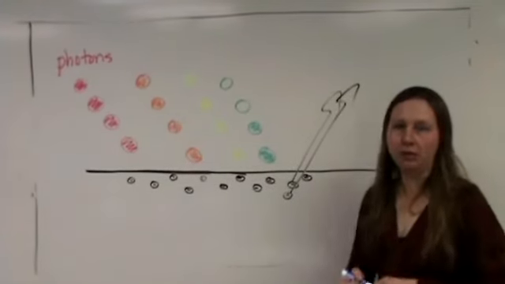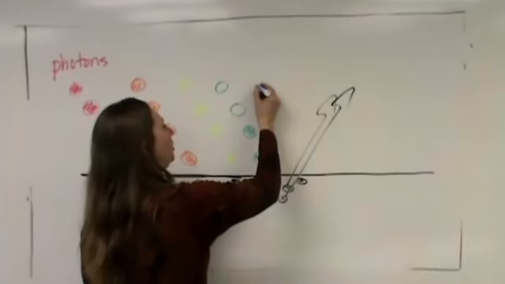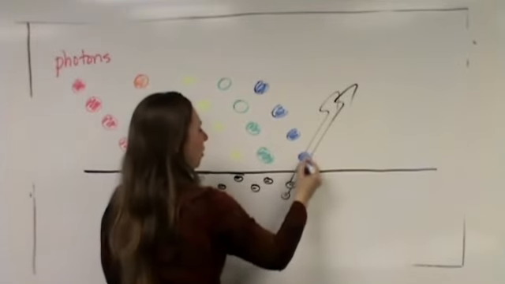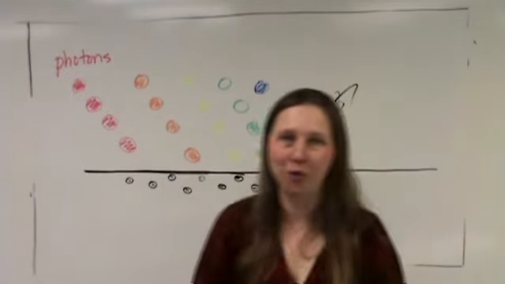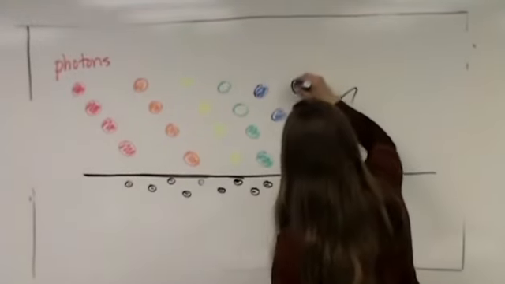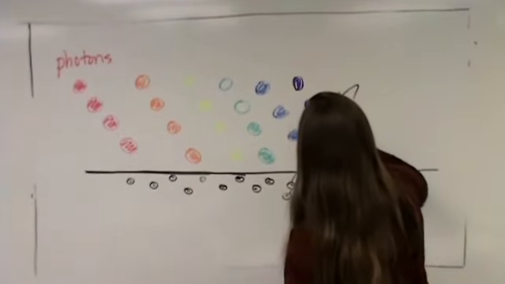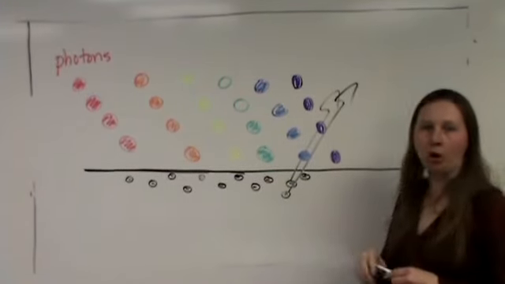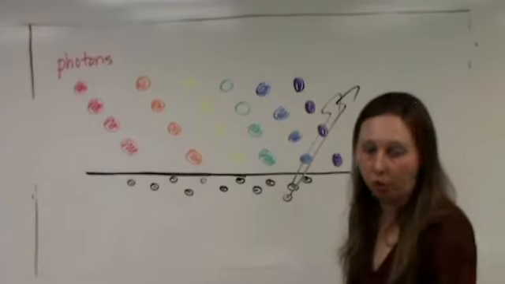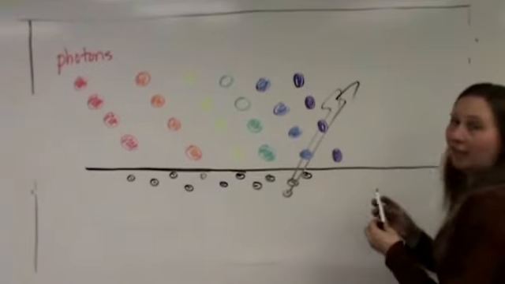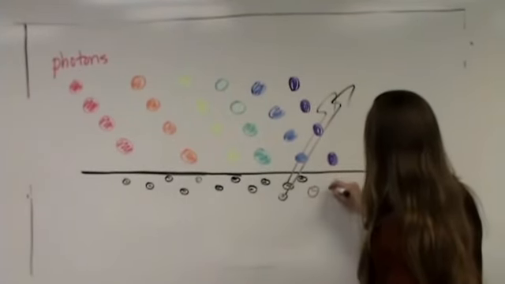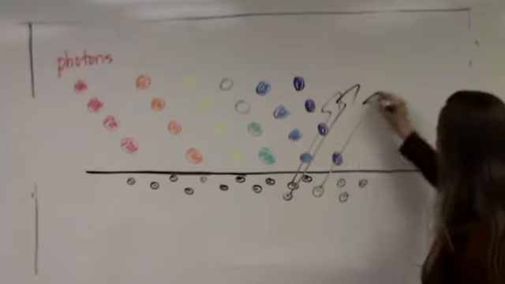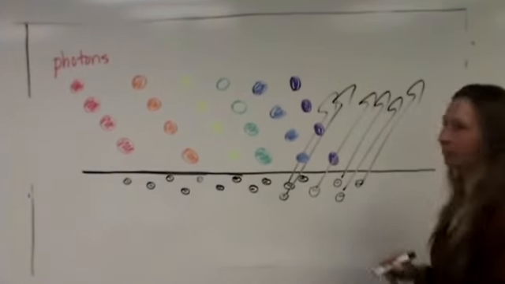Now that also means that blue light, which has a higher energy still, will also work, and of course indigo, and of course violet. All of these photons are stronger than the green. The green works, so these will also work. They will also cause electrons to be ejected from the metal as they hit the electrons. Pew, pew, pew, pew. There they go.